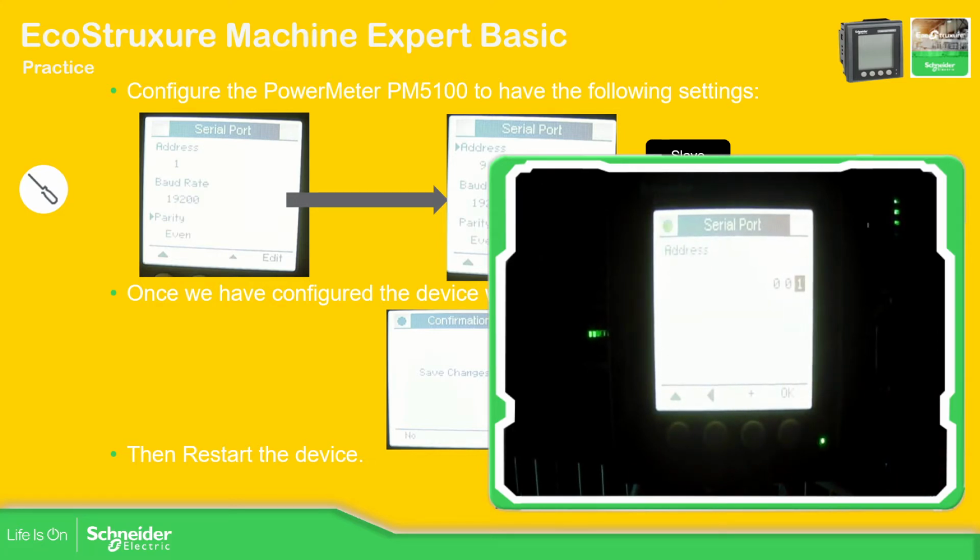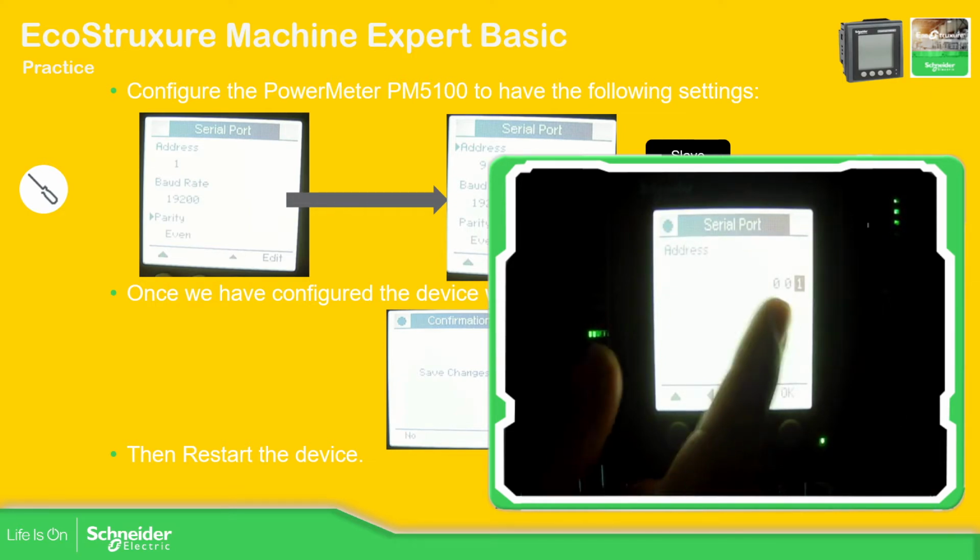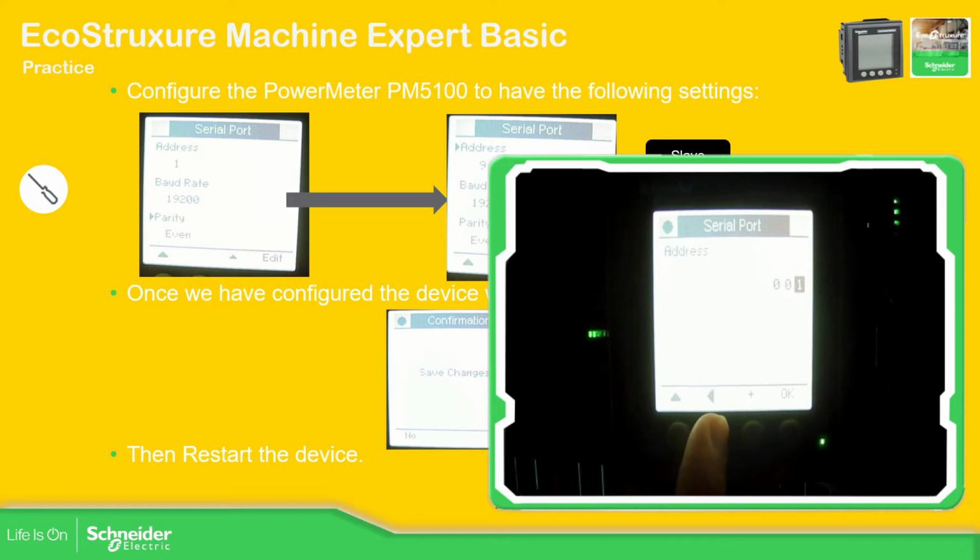In order to change this you just need to press the plus, and if you want to change the others you just need to press this one. Imagine that the number is 20: go here and press plus until it reaches the value that you want. In our case, we're going to select the slave address 9. So this one should be 9, this one 0.